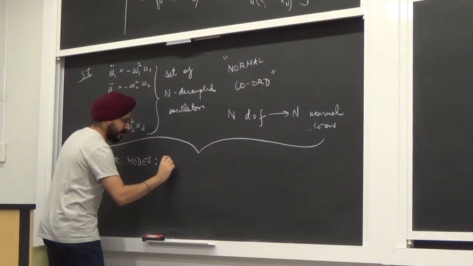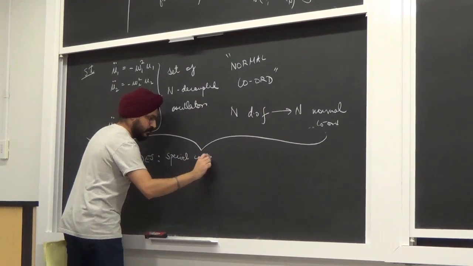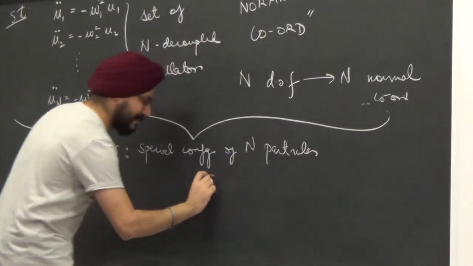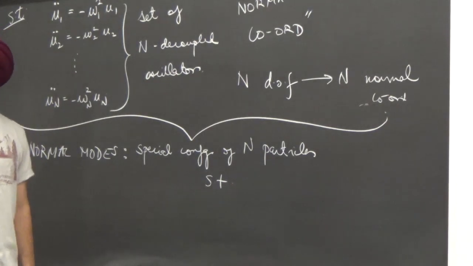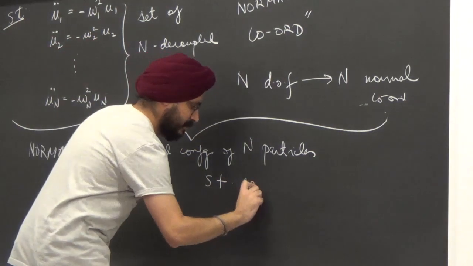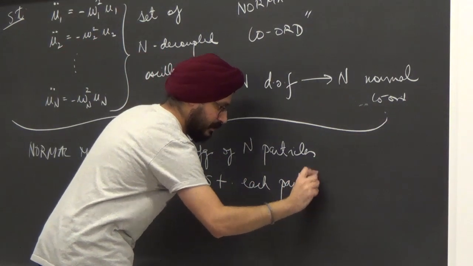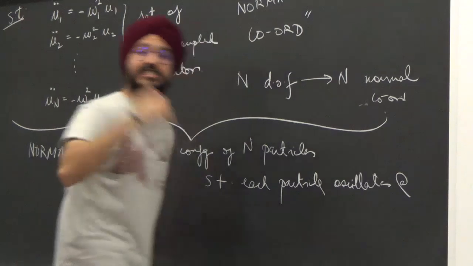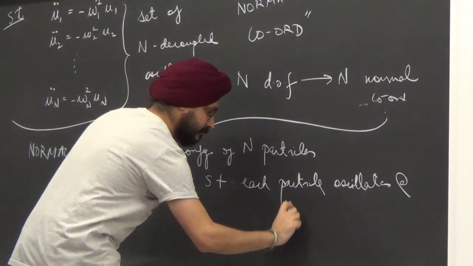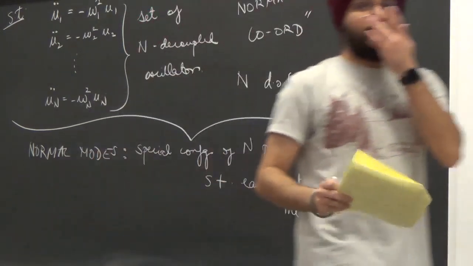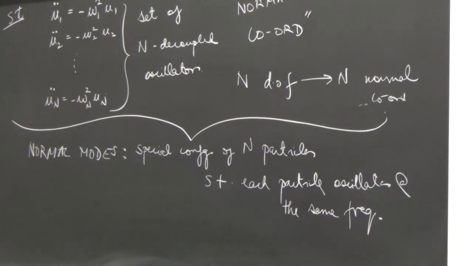So there are special configurations of my n particles for n degrees of freedom, such that each particle in this special configuration oscillates at the same frequency. So these are not generic, these are very, very special. They depend on initial conditions. They are very particular configurations.